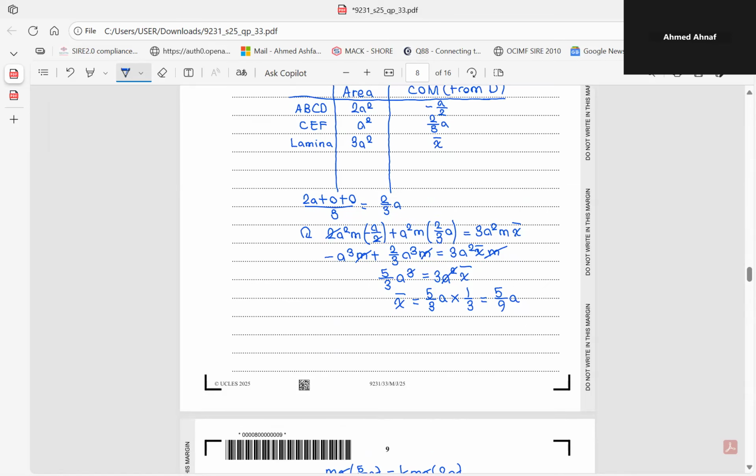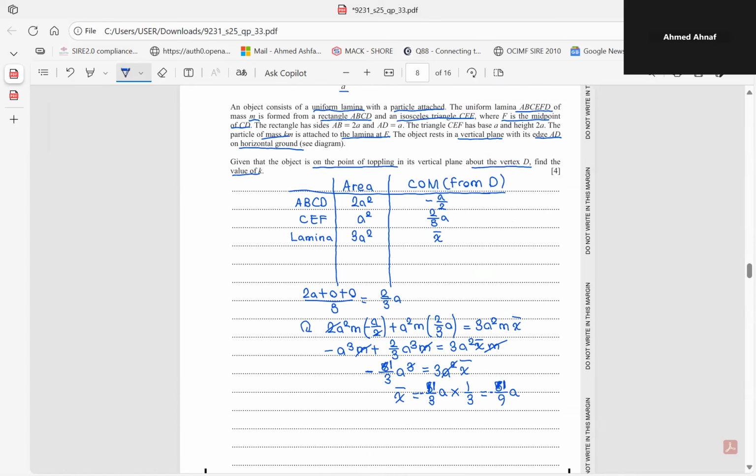So minus a cubed. So 2/3 minus a cubed, you will get minus 1/3. So minus 1/3, and then you'll get minus 1 over 9a.